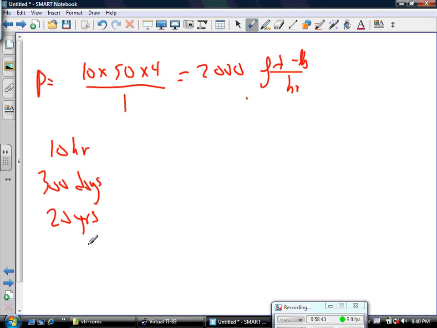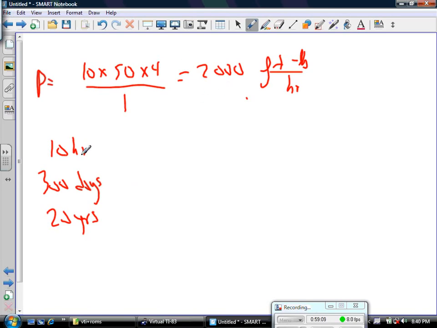Just multiply all this stuff together. If I multiply this by hours, I get foot-pounds done in 10 hours. If I multiply that by days, I get foot-pounds done in 300 days. Multiply that by 20, I get foot-pounds done in 20 years. How much work one guy does in his entire 20-year career, let's say.